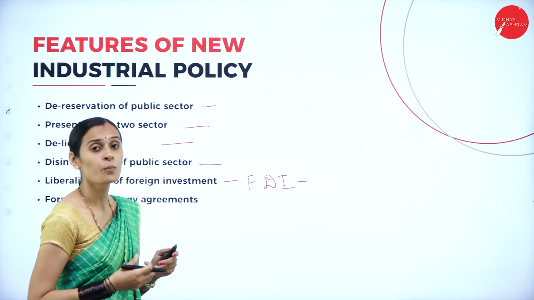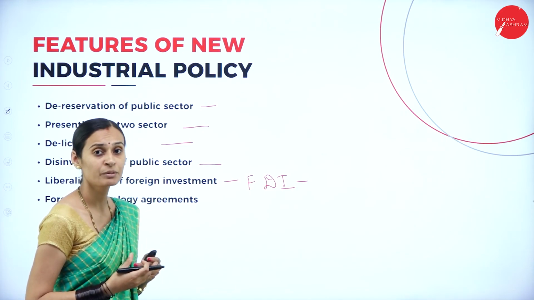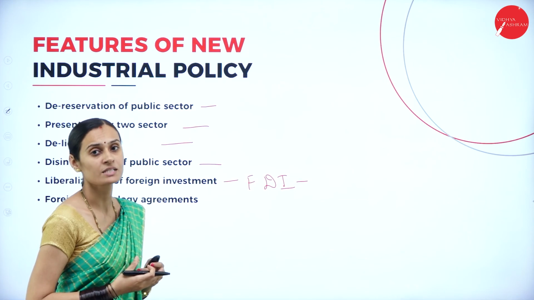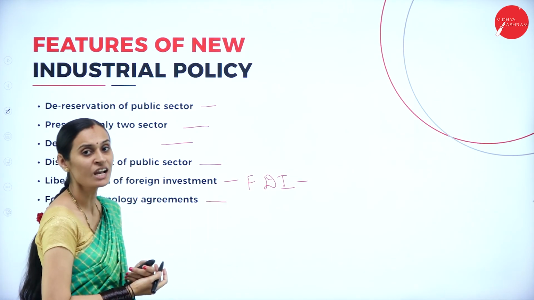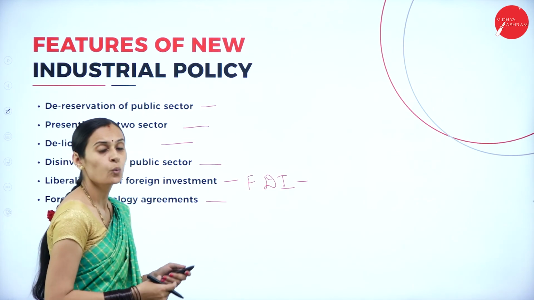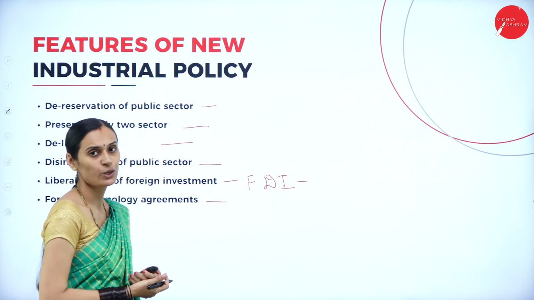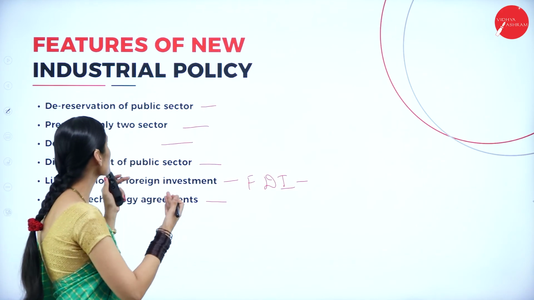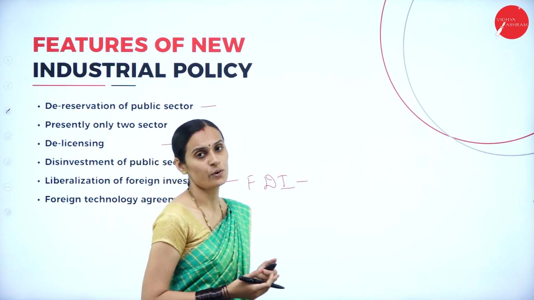At present, more than 74% of foreign direct investment can be utilized in that process. And the last one is foreign technology agreements, which relates to automatic approval of foreign technology agreements. So these are the features of the new industrial policies.